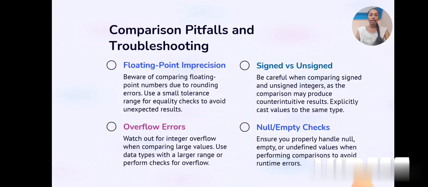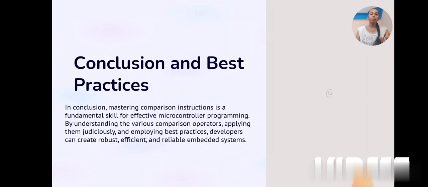Use data types with a large range or perform checks for overflow. Null or empty checks. It ensures that we properly handle null, empty, or undefined values when performing comparisons to avoid runtime errors. Lastly, let us see conclusion and best practices.